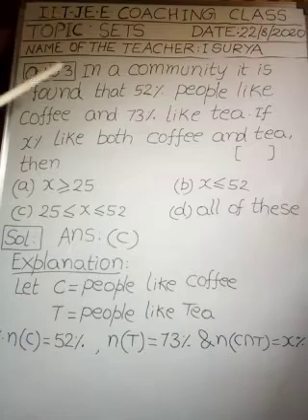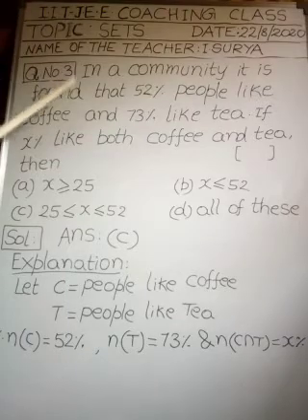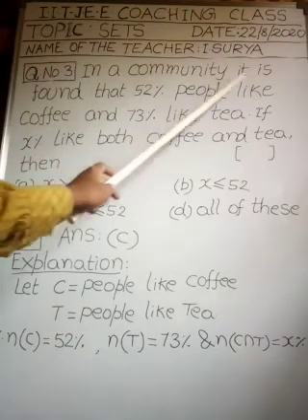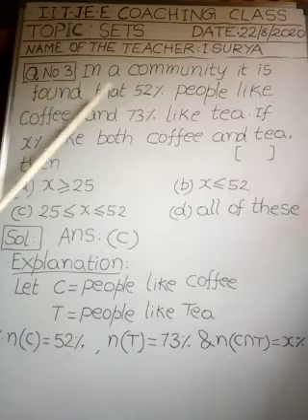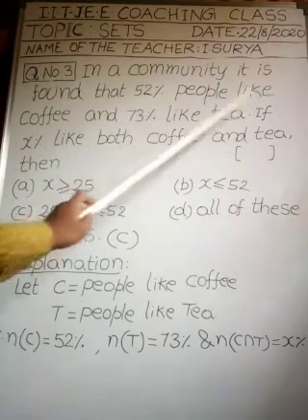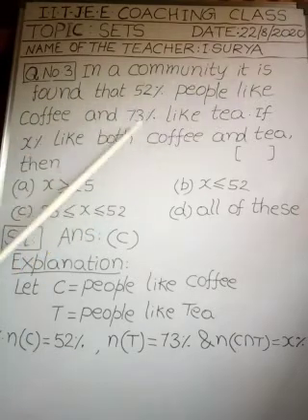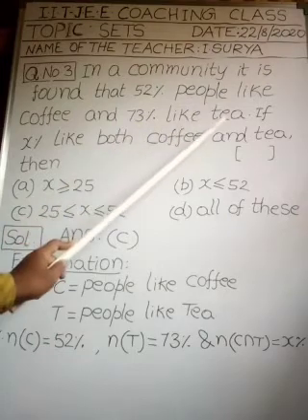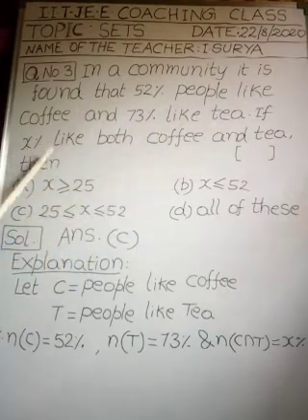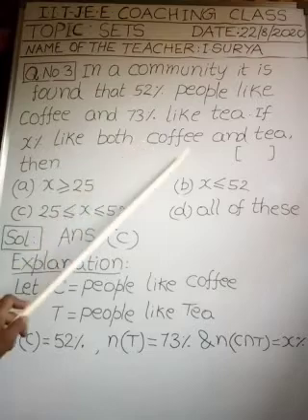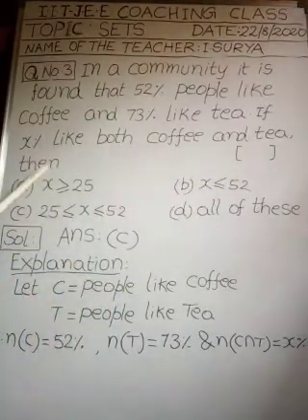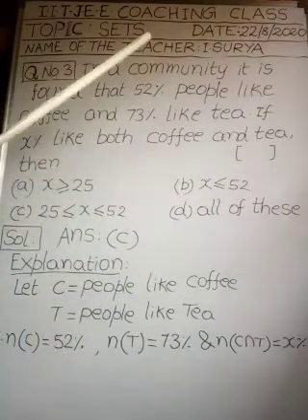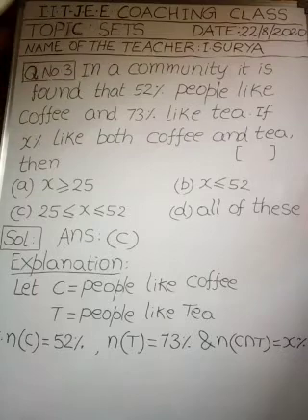Now come to question number 3. In a community, it is found that 52% people like coffee and 73% like tea. If X% like both coffee and tea, then, okay, my children, understood the question? See here, options.